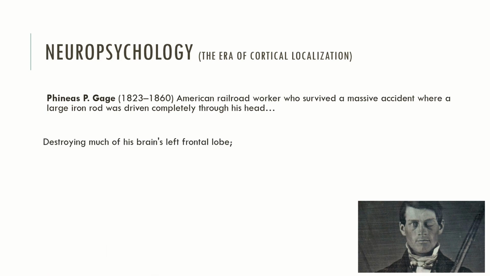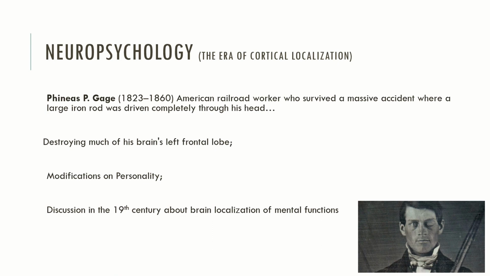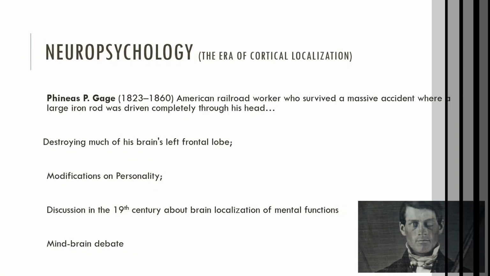However, his family and friends started to notice modifications in his personality, which could be related to the destruction of a specific brain area. Phineas Gage raised a number of issues and fostered a discussion in the 19th century about the brain localization of mental functions and the debate about mind and brain interactions, which was very important in the development of neuropsychology.